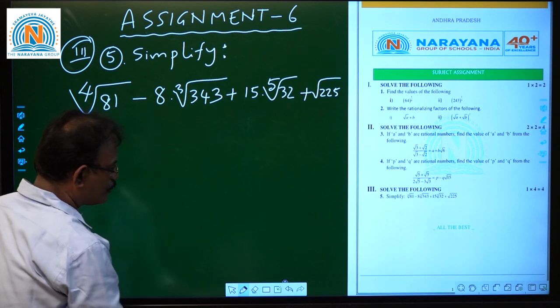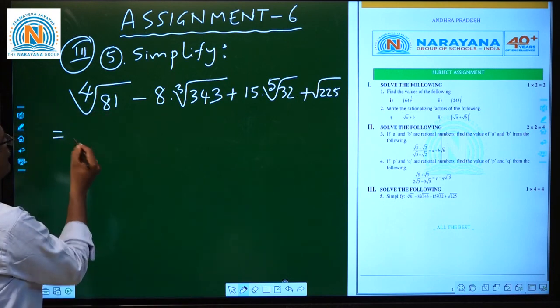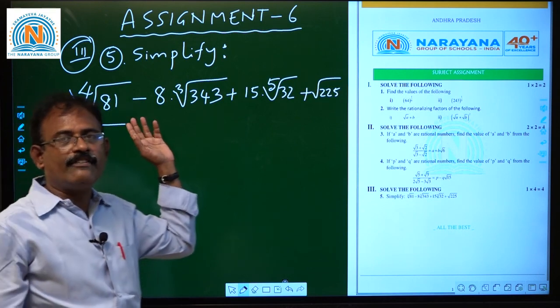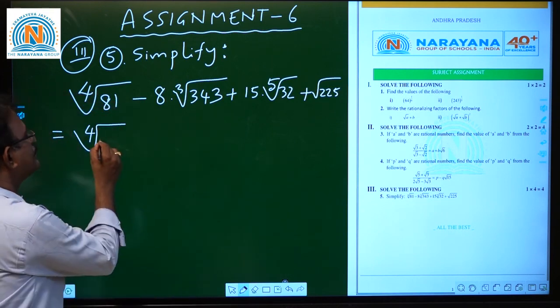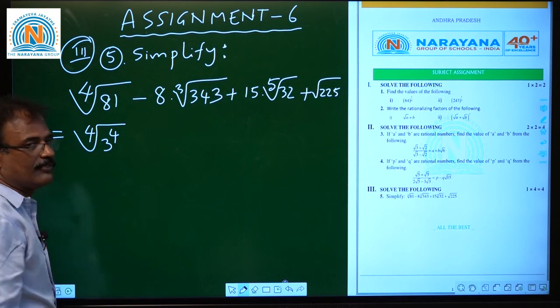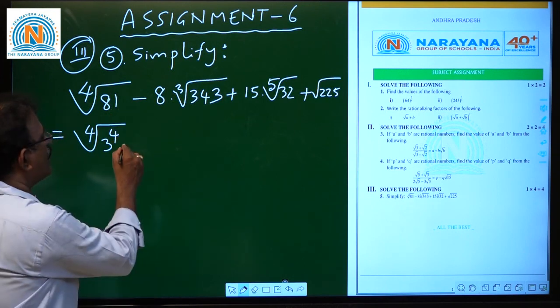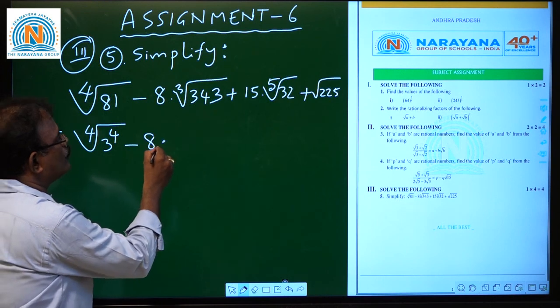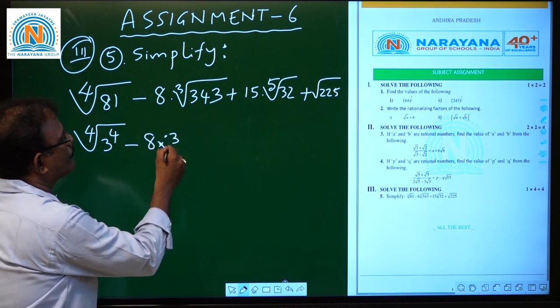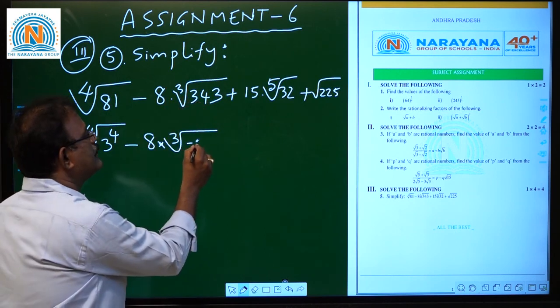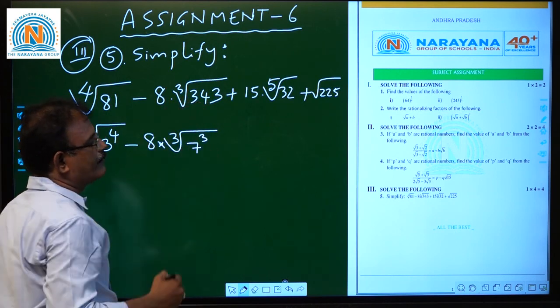Square root of 225. Now children, we know 81 can be expressed as 3 raised 4 times. When 3 is raised 4 times, it is equal to 81, and minus 8 into cube root of 343 can be expressed as 7 raised 3 times.